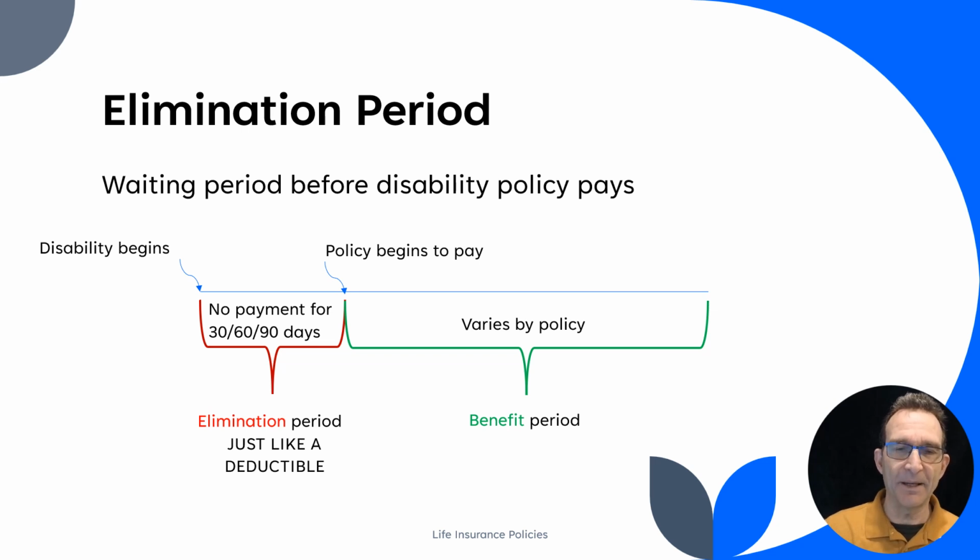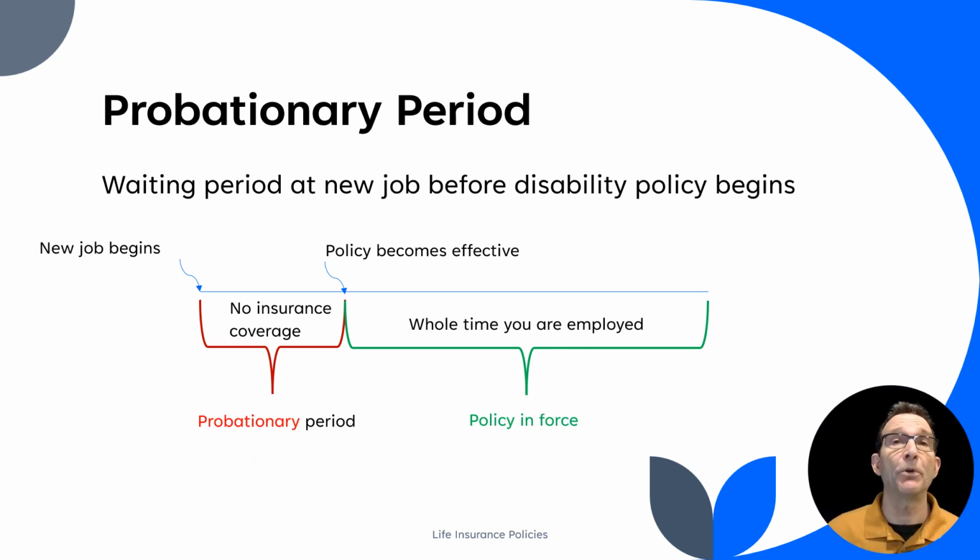Let's talk next about the probationary period. It is similar only in one way, and that is it's also a waiting period, but it's a waiting period for a completely different reason. So, that's where the similarity ends. Probationary period refers to a waiting period when, say, you join a new job, and it's a waiting period before that disability plan that you get as part of your benefit package actually goes into effect or goes in force.